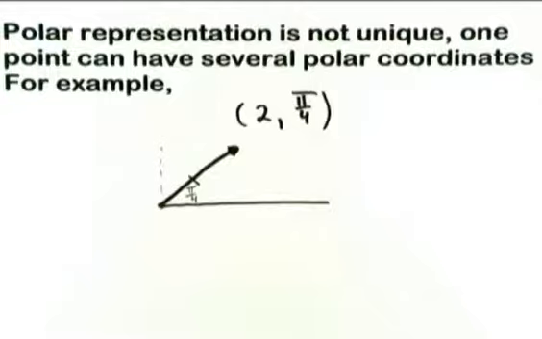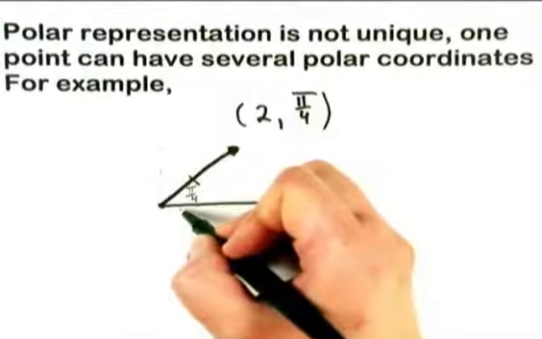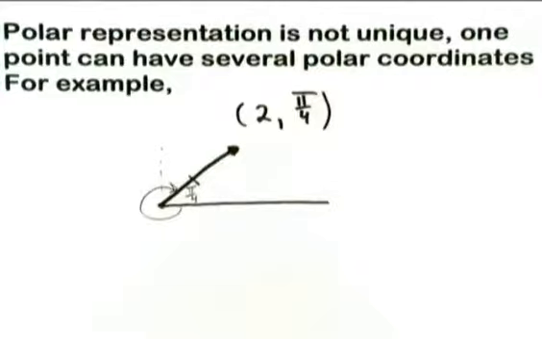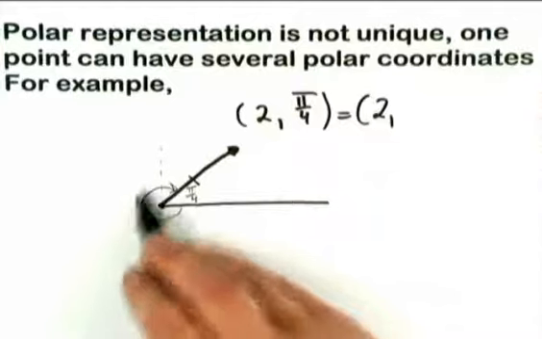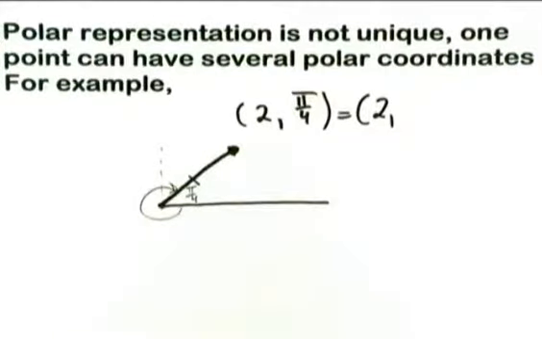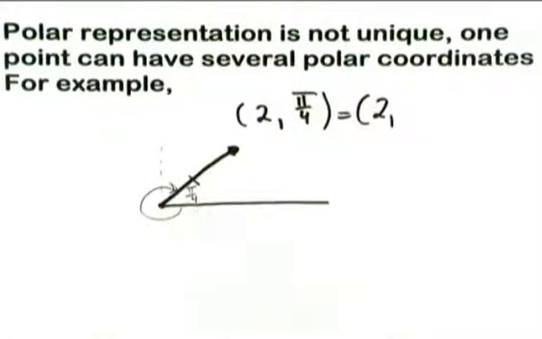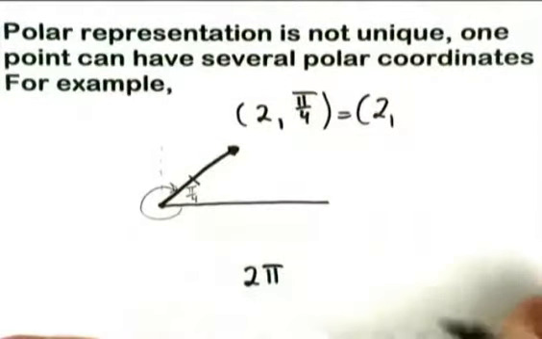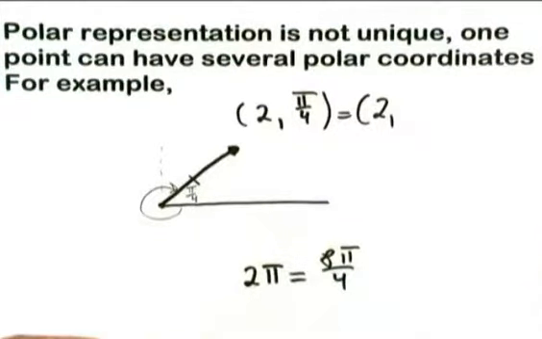This point can also be written with a negative angle right here. So we can write that this is 2 from the pole, and this negative angle is almost 360 degrees minus that 45, or minus 2 pi plus pi over 4. A full rotation would be 2 pi, and 2 pi in terms of fourths is 8 over 4.